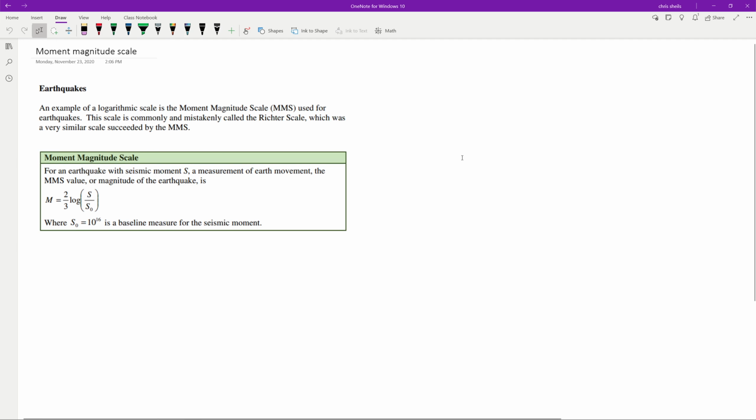We also have earthquakes. I'm going to talk briefly about earthquakes because another example of a logarithmic scale is the moment magnitude scale, which is used for earthquakes. This is not the Richter scale. The Richter scale was succeeded by the moment magnitude scale.